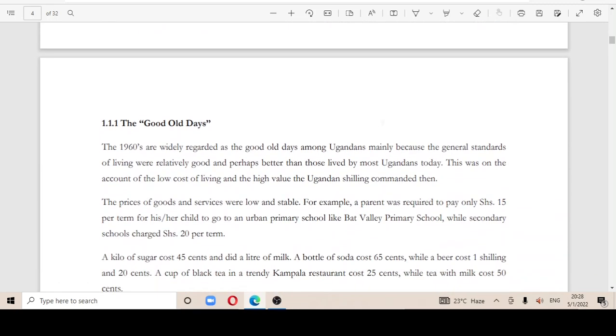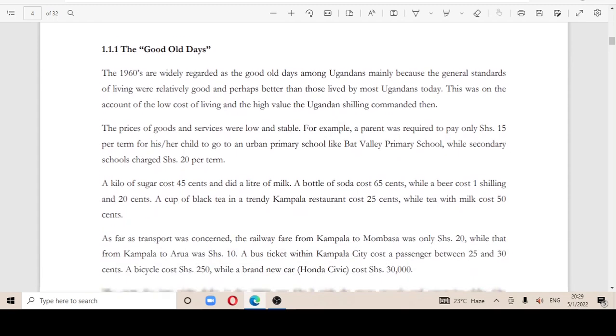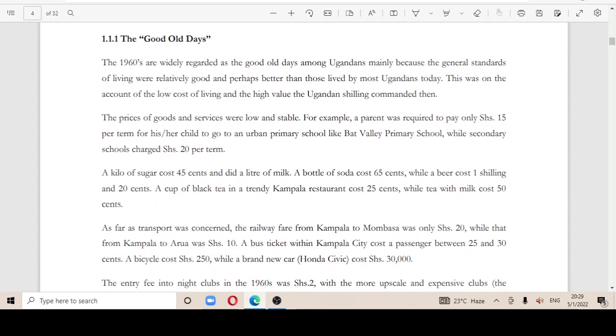So now we are going to see what happened to these good old days, these 10 years. Within that decade, the 1960s were widely regarded as the good old days among Ugandans.